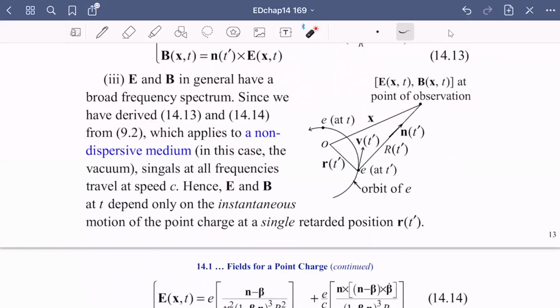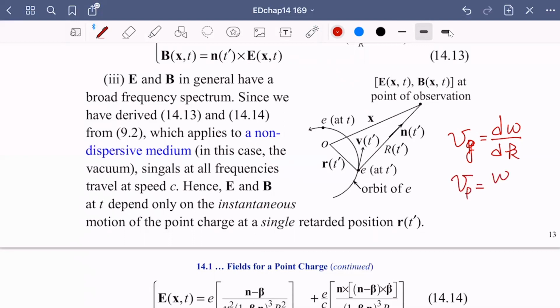Signals at all frequencies travel. 这边既然没有 dispersion，就是所有的速度都一样，没有色散。没有色散 phase velocity is the same as group velocity, 然后这是一个 constant，phase velocity 也是一个 constant，在这边是 c，在这两个 case, vacuum.